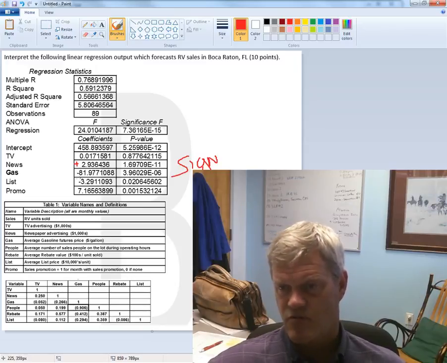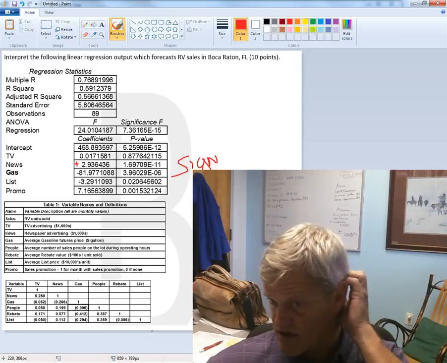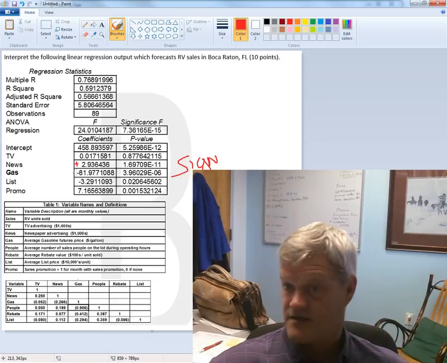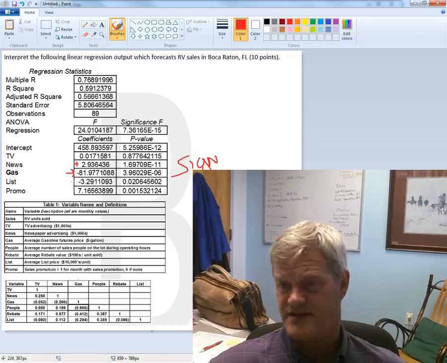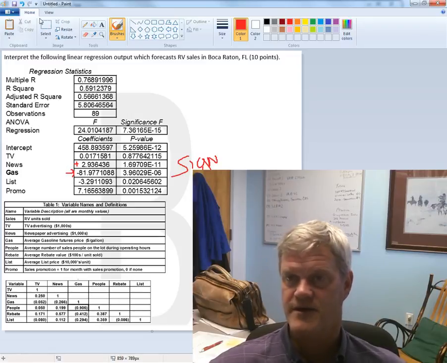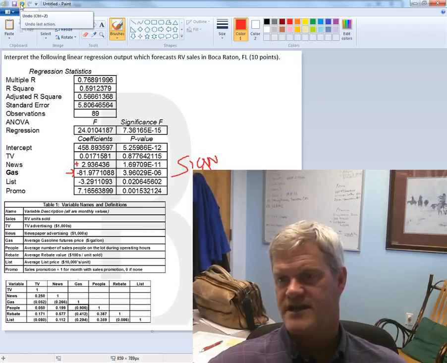Okay, if we were to see something that didn't look reasonable, let's say, for example, the gasoline, if this gasoline coefficient was positive, then that would mean as gas prices go up, RV sales go up, and that's not reasonable. So looking at the sign is the first measure of reasonableness.